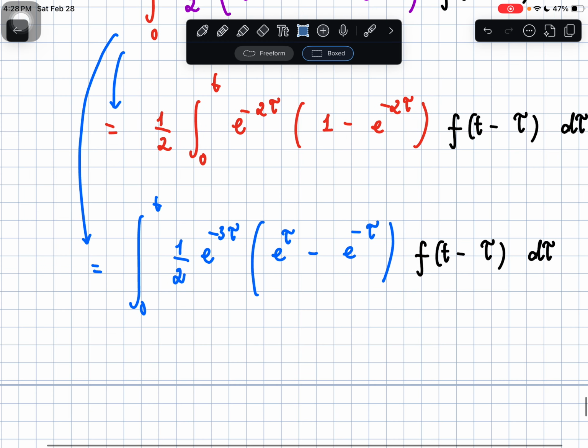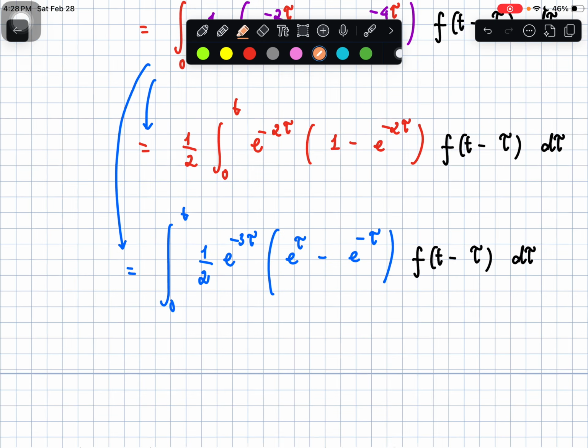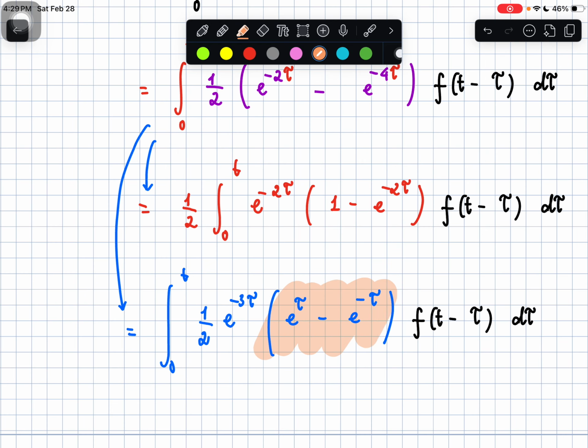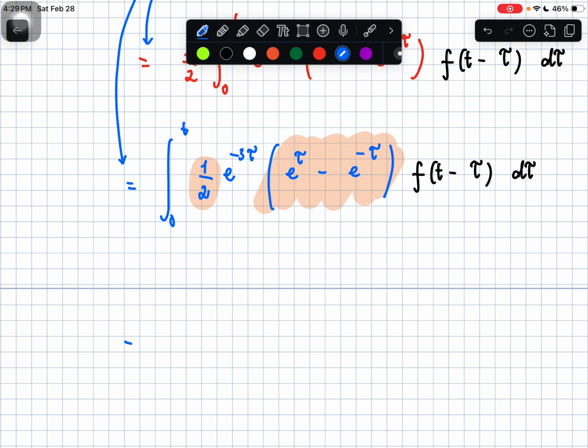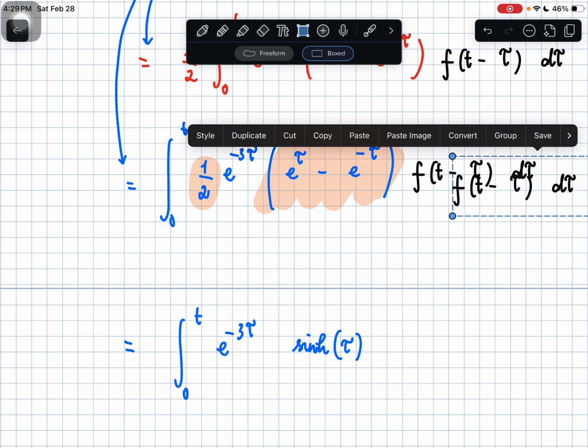So you see that this term divided by 2 is a hyperbolic sine: the integral from 0 to t of e to the minus 3 tau sinh(tau) f(t minus tau) d tau.